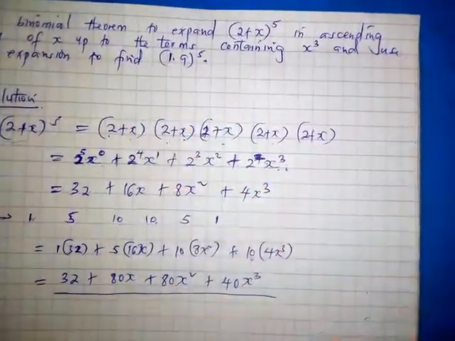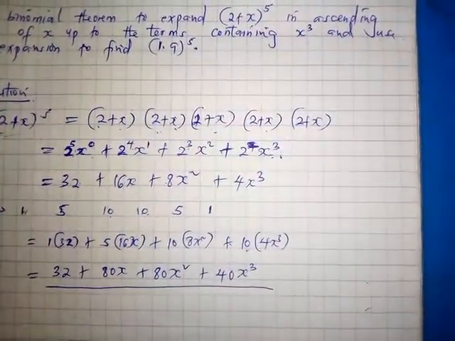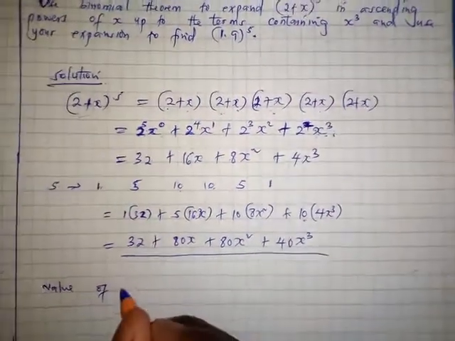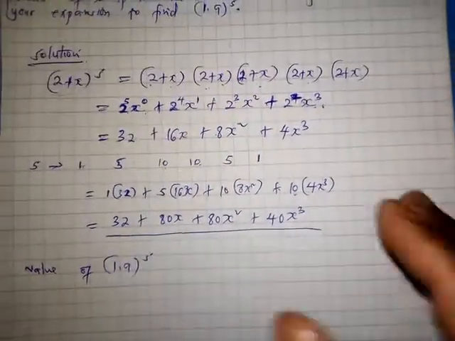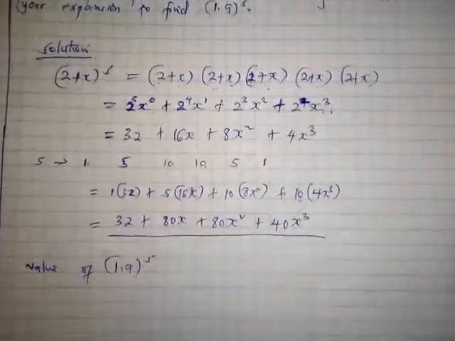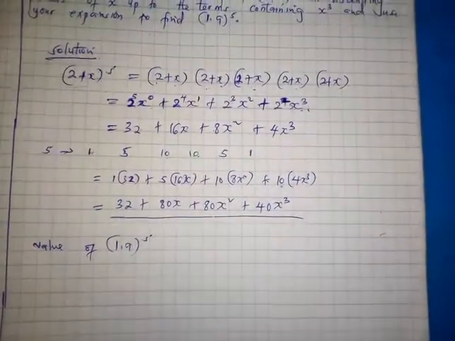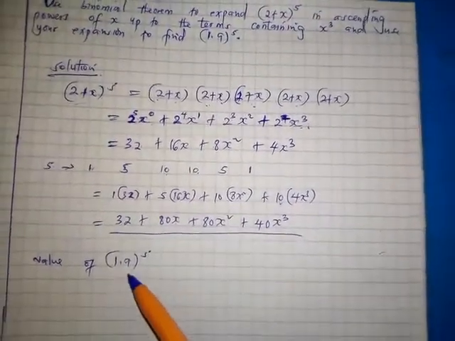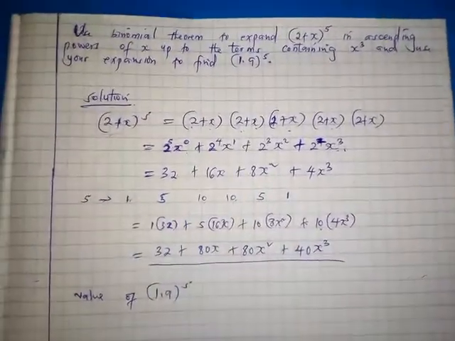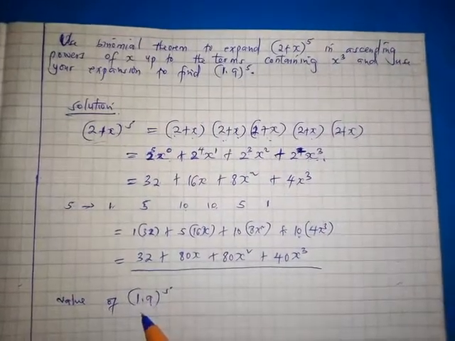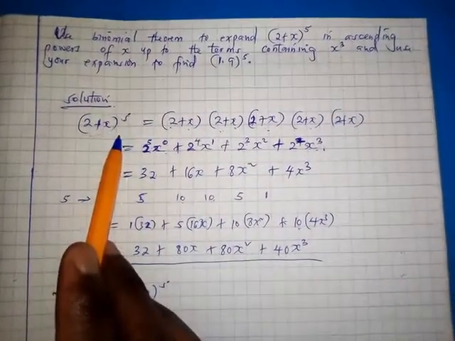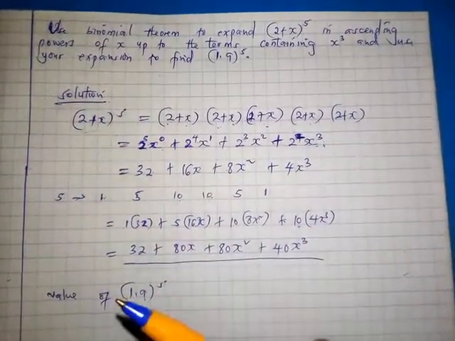The second part of our question is to use this expansion to find the value of 1.9 raised to power 5. So here we shall write this in the form (2 + x) raised to power 5.